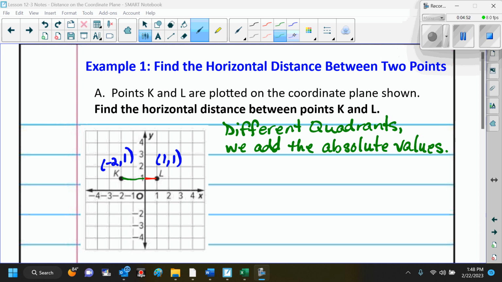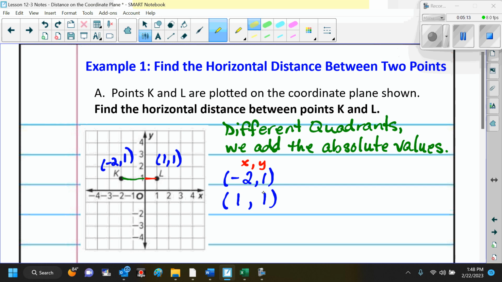And again, I like to write the ordered pairs one atop each other, okay? So here we've got -2, 1, and we have 1, comma 1. So here, this is x comma y, and you can see that the y values are the same. Since the y values are the same, remember, we're not using that for our calculations.